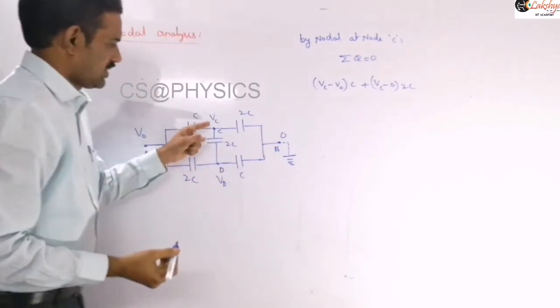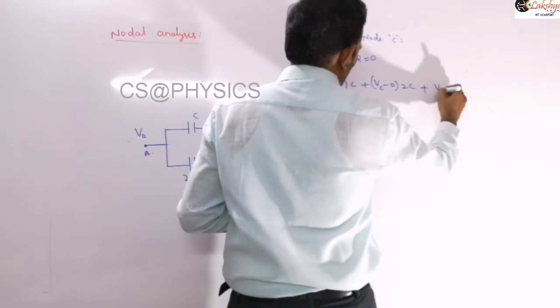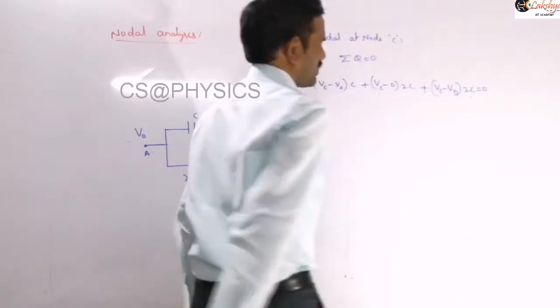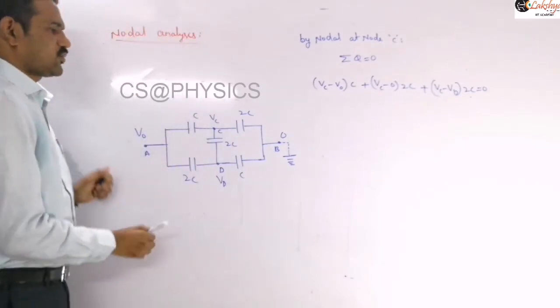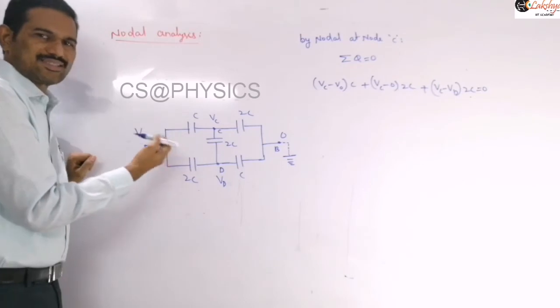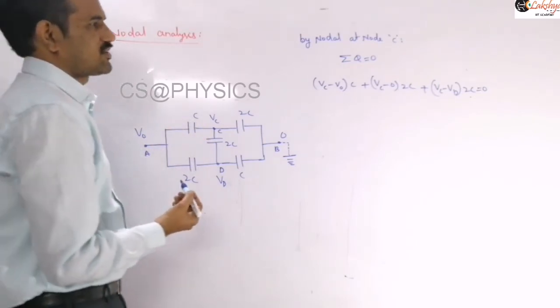Next, along this direction we write plus Vc minus Vd into 2C. This is equal to 0. You can assume current is flowing along this direction; instead of current we write it as charge, which is the potential difference into the capacitance.